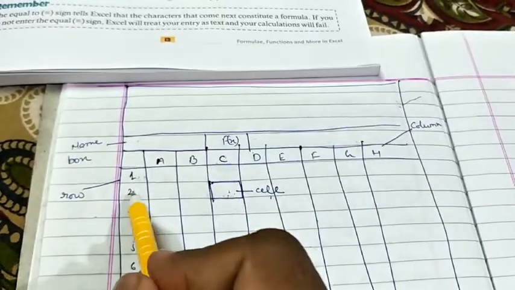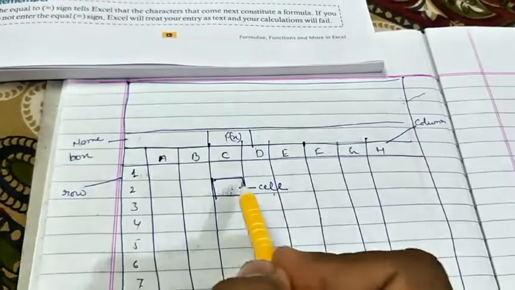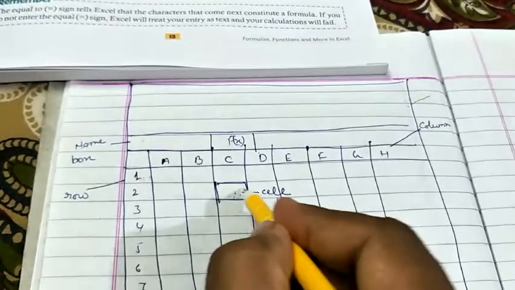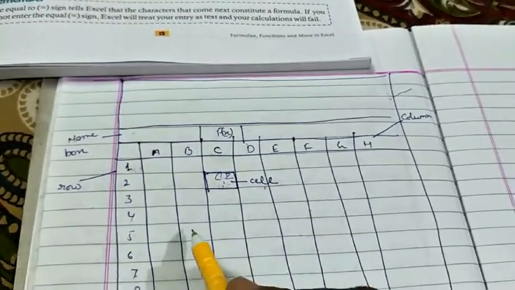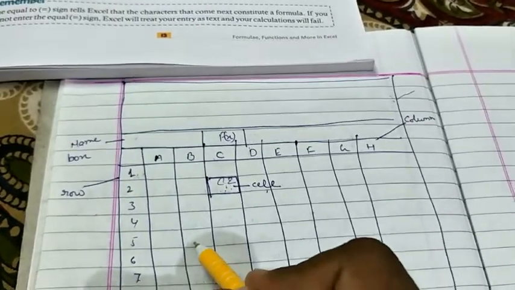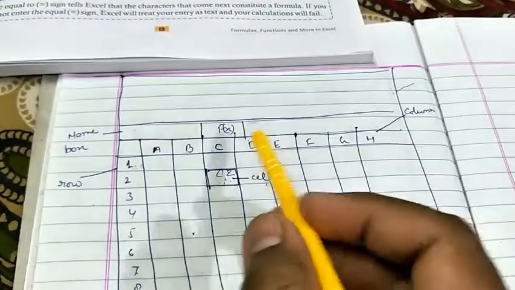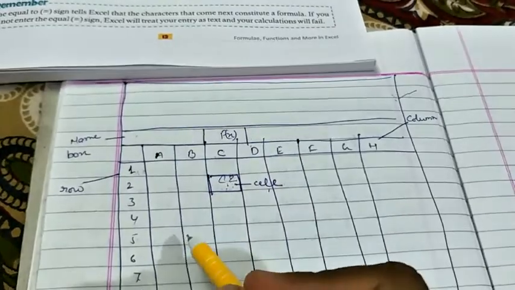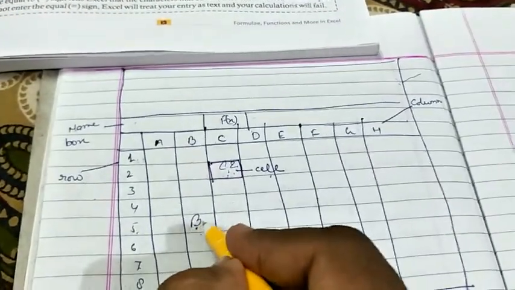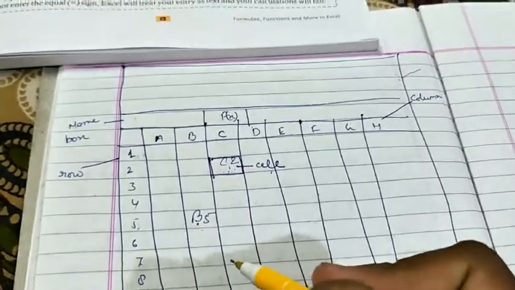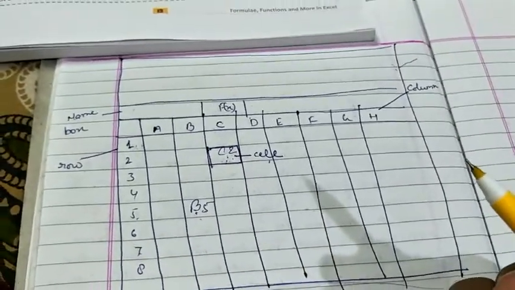You can see 2. So address of this cell is what? C2. Similarly, if you want to know the address of this one, now see what is the column letter of this cell? B. And what is the row number of this cell? 5. Then the address is B5. That is called cell and cell address.